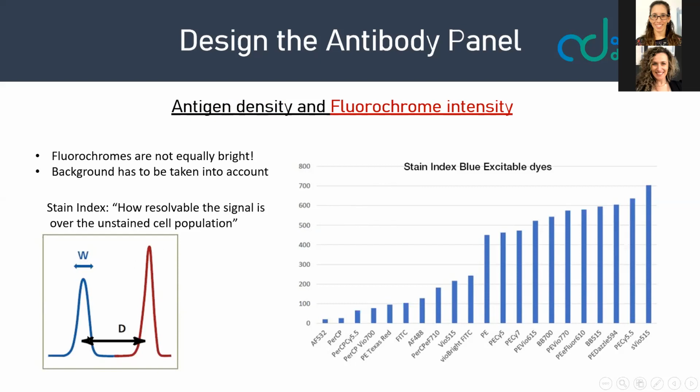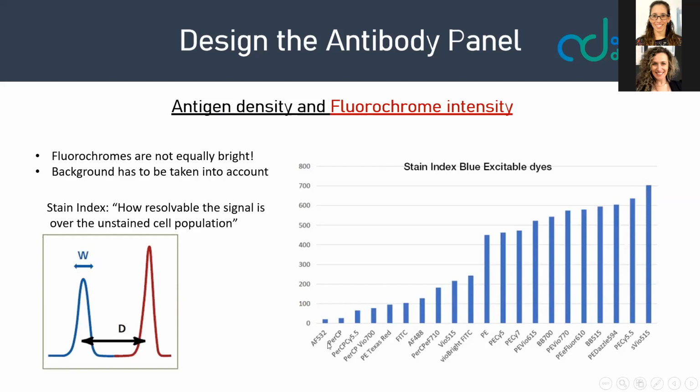So this is the distance between the negative and positive peaks, and there are fluorochromes like PE-Cy7, PE-Vio 770, or Viobright 550 that have a very high staining index, meaning that they are very bright dyes. And on the other hand, there are the dimmer dyes like PerCP, but their staining index is much lower.